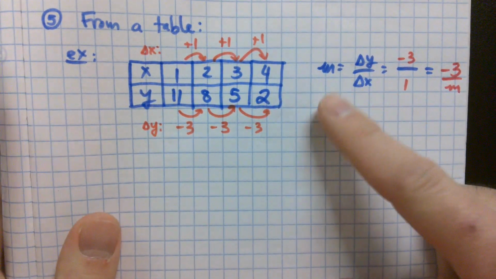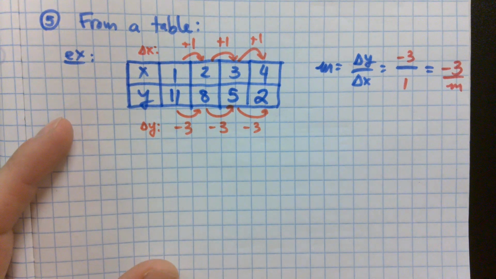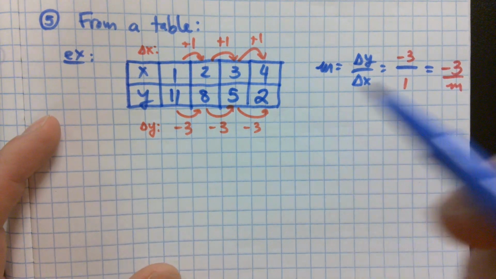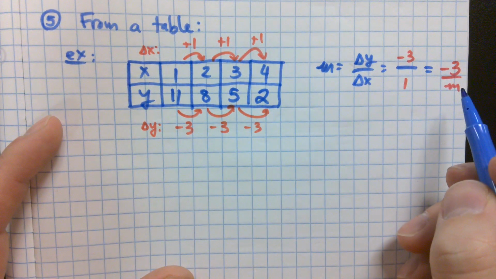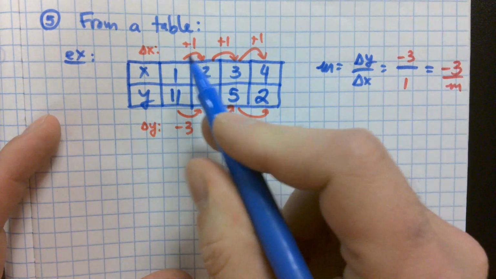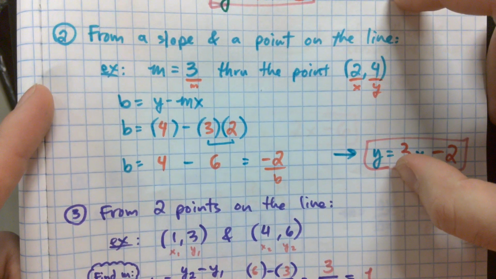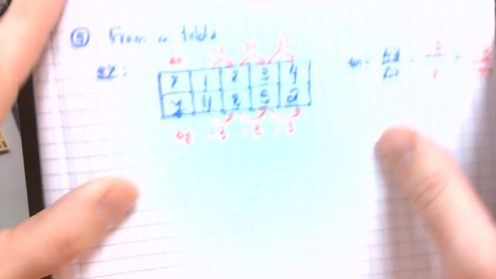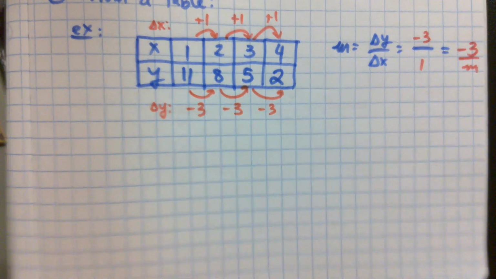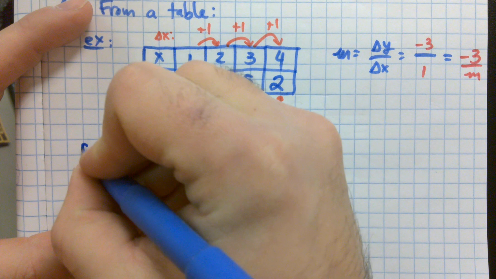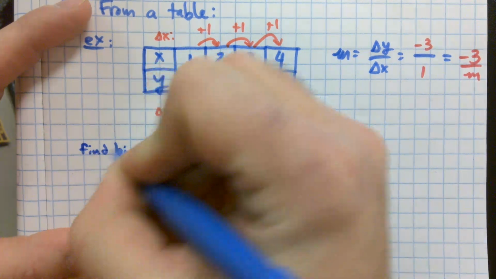Now, there's 2 ways for us to find b here, if you remember. The first way is for us to take this m, take one of these points, and basically do exactly what we did in the second method. But because we already did that in the second method, I'm going to do step 2b, which is to expand my table.